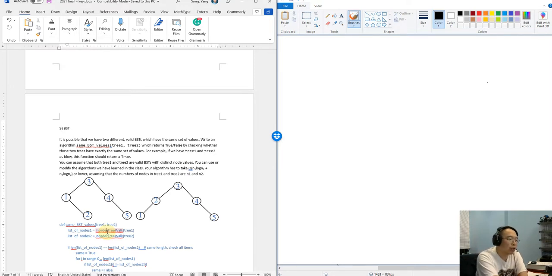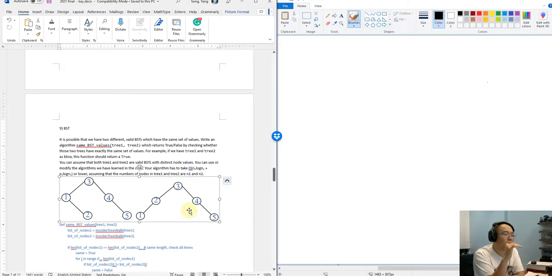So if I do a tree walk on the left tree, and another tree walk on the right tree, now I will have two arrays of the tree values. What's the next step? I only need to check if all the values are exactly the same or not. So this will be my idea. But this question has a lot of different solutions.